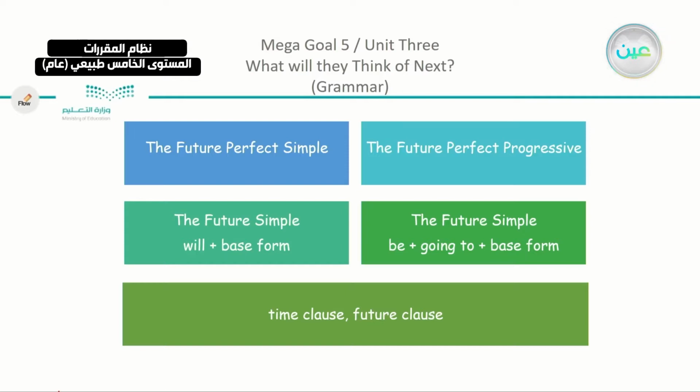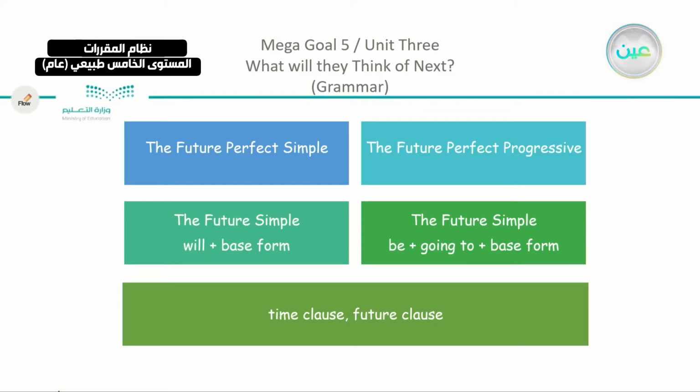We took the future perfect progressive. We took the future simple using will plus the base form. We took the future simple using the verb to be with going to, and the base form. And at the end, we talked about using time clauses plus the present simple in one clause, and the other clause is going to be the future clause.